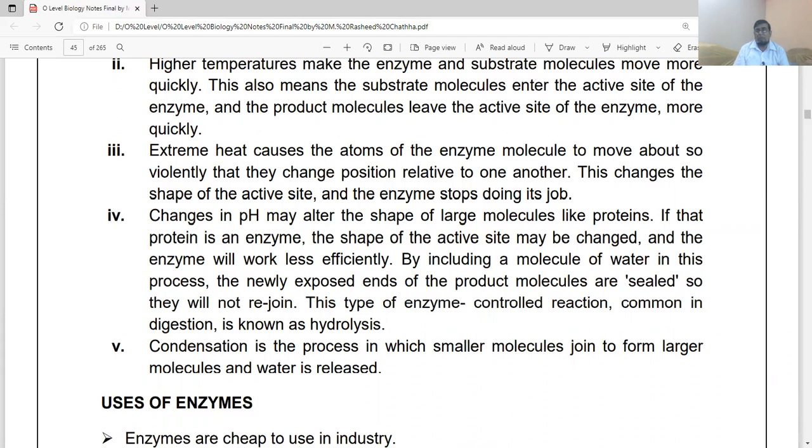This type of enzyme controlled reaction, common in digestion, is known as hydrolysis. So where water is added is called hydrolysis, and where water comes out is called a condensation reaction. So condensation is a process in which smaller molecules join to form larger molecules and water is released.